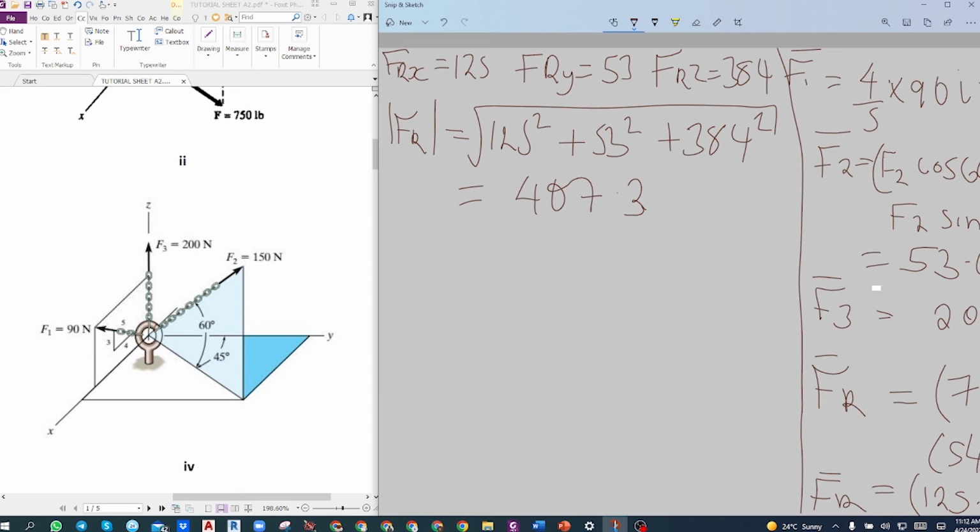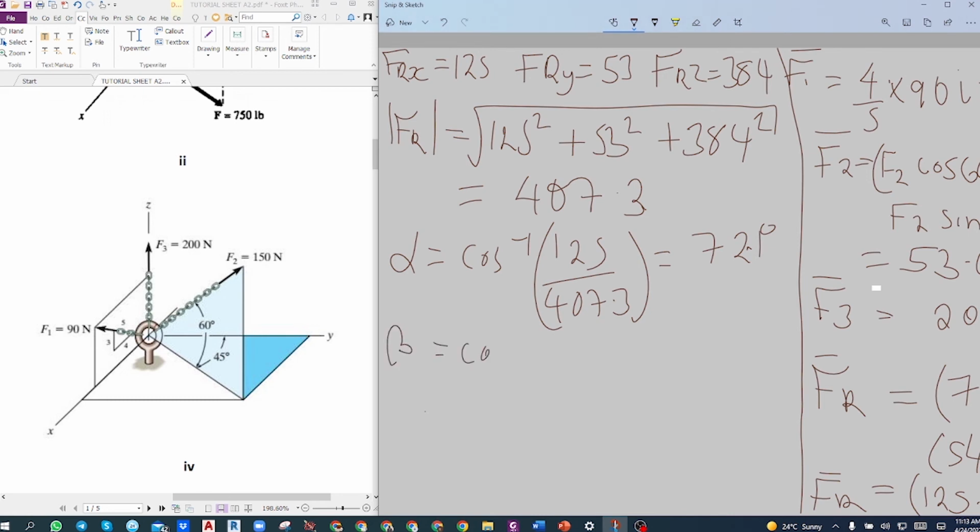Let's leave it there. Okay, so then my alpha is equal to cos inverse of 125 over 407.3, which is equal to 72.1 degrees.